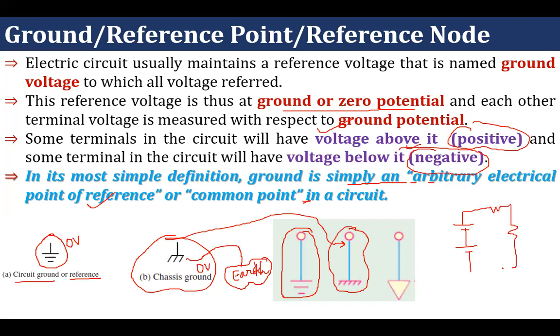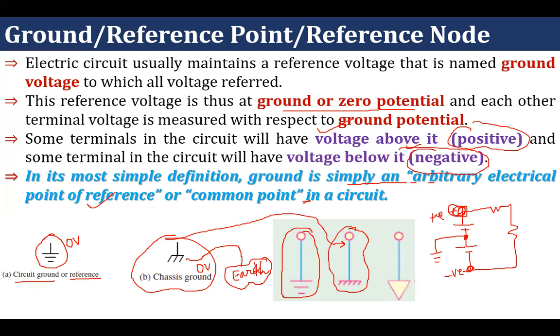Okay, for example, let me have the circuit like this. So if I'm taking this point as a ground, what will happen if I measure the potential at this point? At this node it will have positive voltage. If I measure the potential of this node, it will have negative voltage. Okay, but it doesn't mean the voltage of this point has changed.